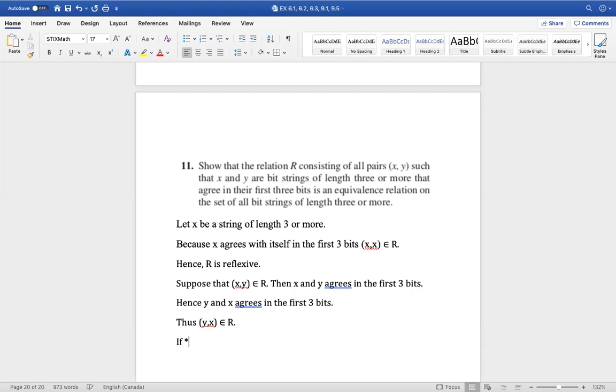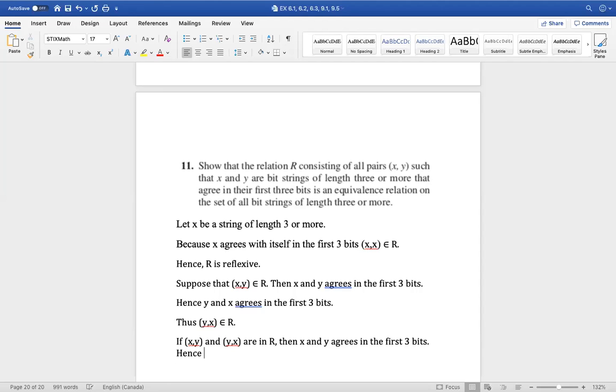Now if this pair (x, y) and (y, x) are in this relation, then x and y agree in the first three bits.